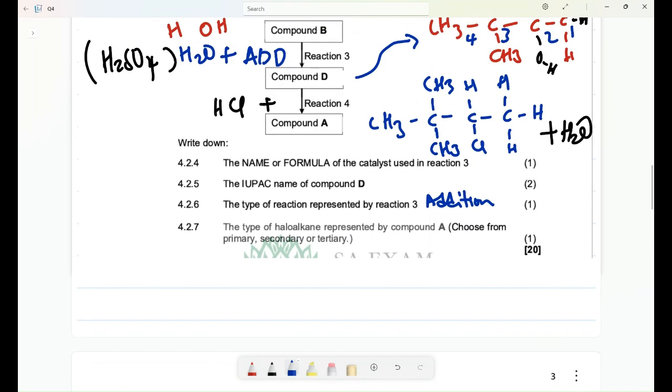Now let's see. We're going to check the carbon that is bonded to the Cl, and how many carbons it is bonded to. When I see here, it is one carbon bonded. This one is not bonded to it directly. Similarly, this is not bonded to it directly. So this is a secondary. Secondary is the most correct answer.